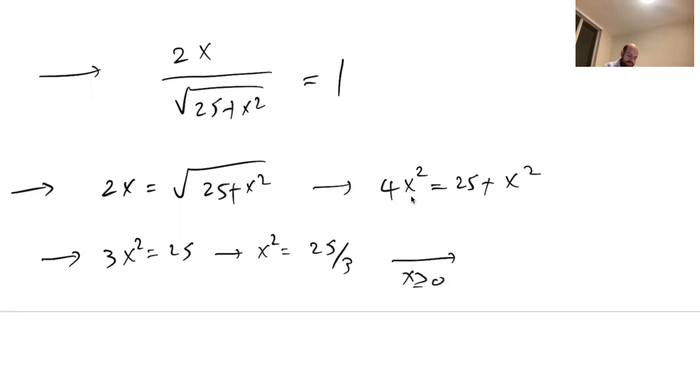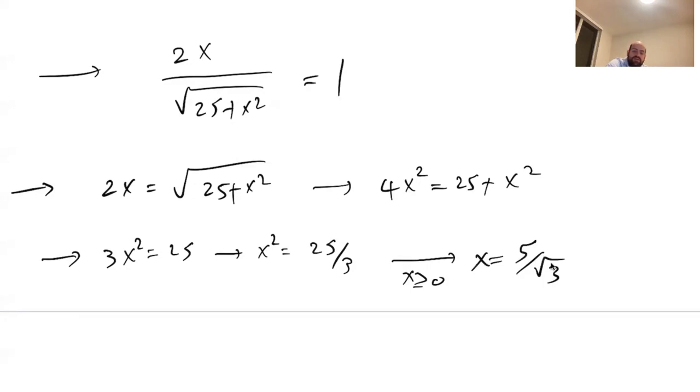And because x is positive, remember, in general, if x squared is 25 over 3, then the solution will be plus minus root of 25 over 3. But x here is a distance, so it's not negative. And therefore, x will be root of this number, which is 5 over root 3. Now we have to check whether this number is in our domain or not, because if it's not in the domain, then we have to reject it.